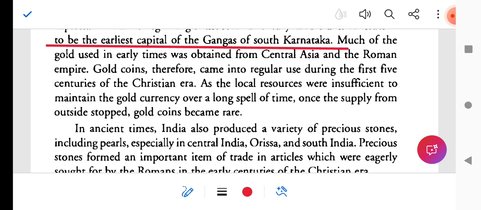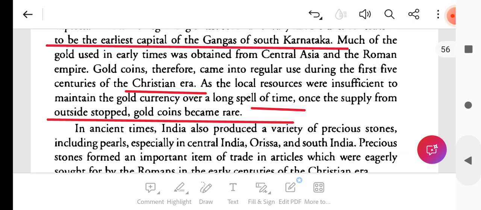Much of the gold used in early times was obtained from Central Asia and the Roman Empire. Gold coins therefore came into regular use during the first 5 centuries of the Christian era, as the local resources were insufficient to maintain the gold currency over a long spell of time. Once the supply from outside stopped, gold coins became rare.